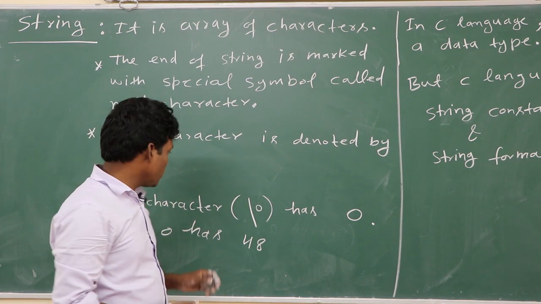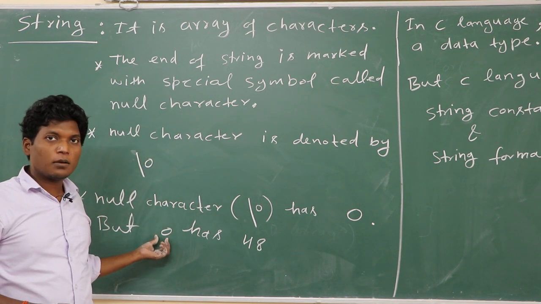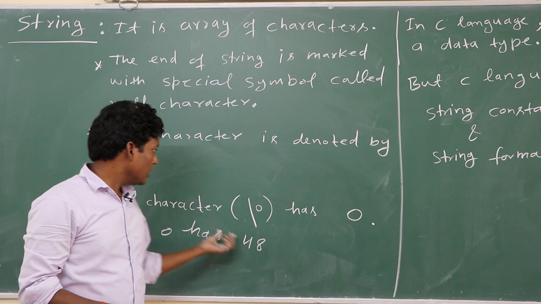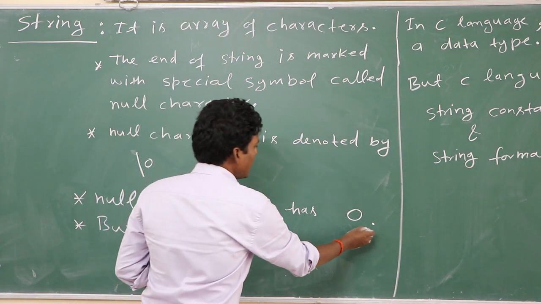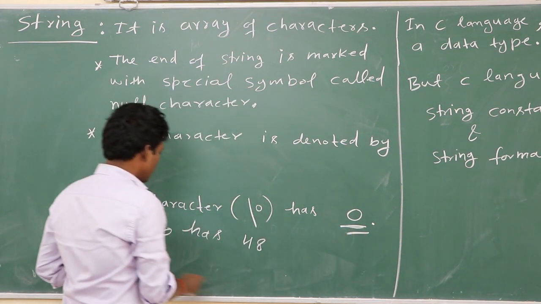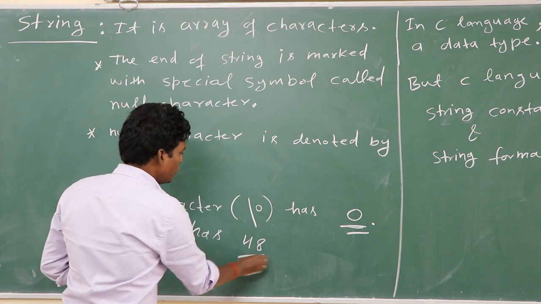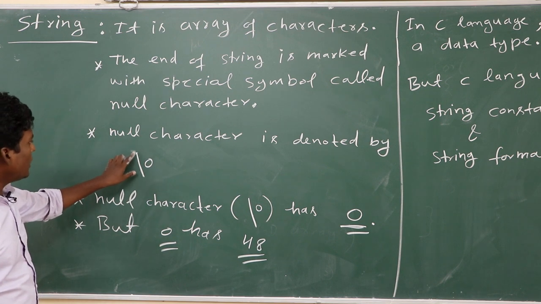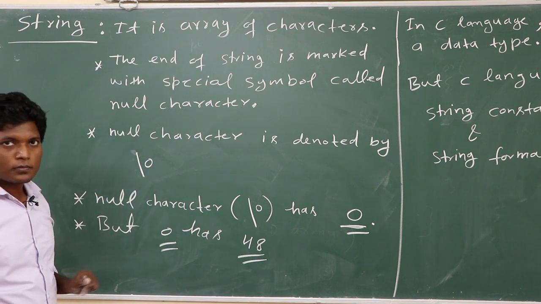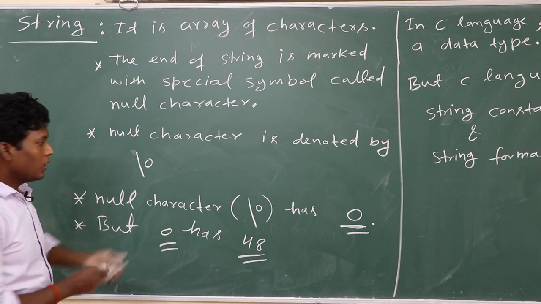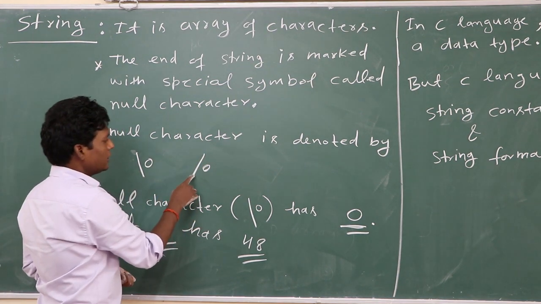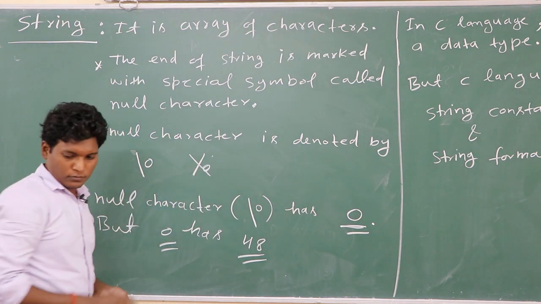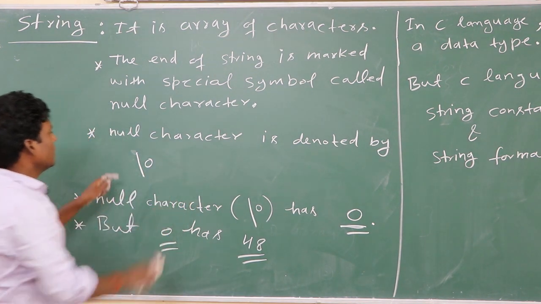But 0, the signed decimal number, in decimal number system has ASCII value 48, but null character has ASCII value 0. So null character is denoted by \0. This is the null character. This is not null character. This is the forward slash. So this is wrong. Okay, this is the null character.